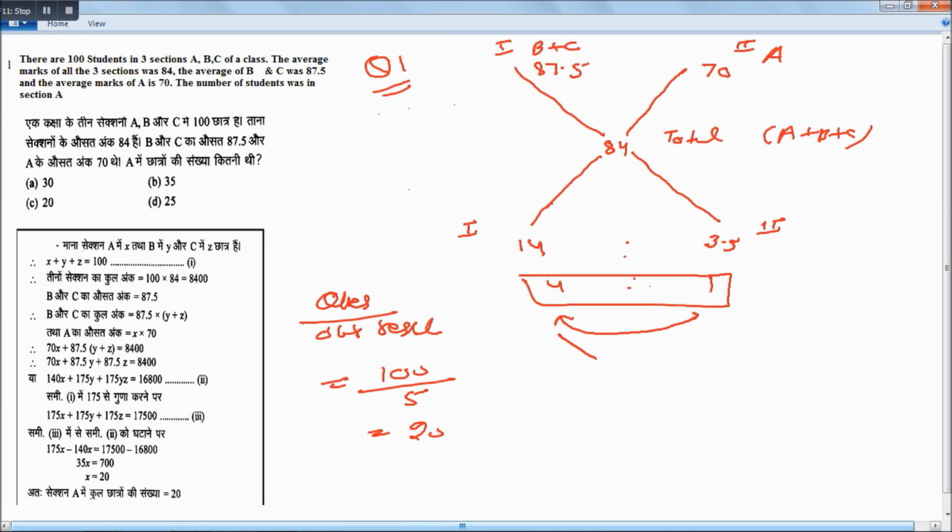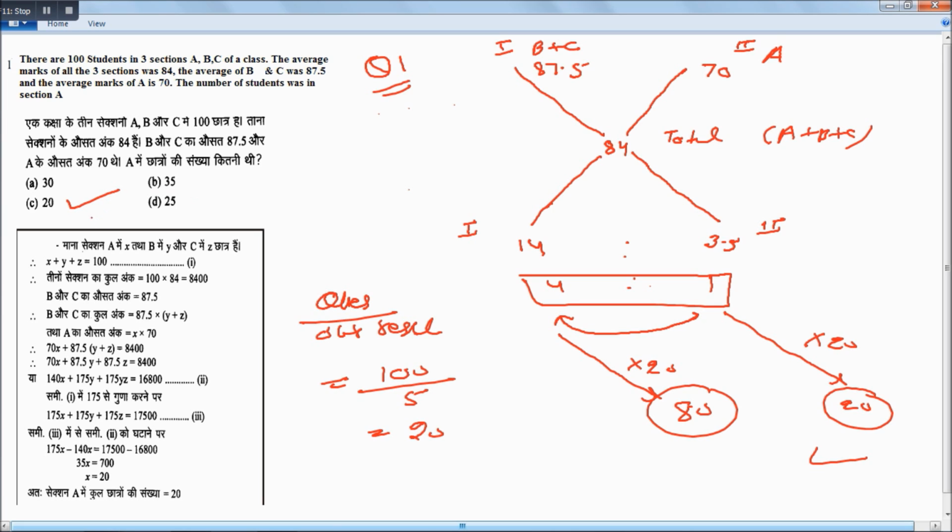So multiply this by 20: 4 times 20 is 80, and 1 times 20 is 20. So in section A the number of students is 20. So option C is the right answer.